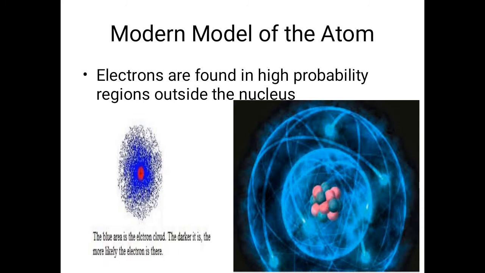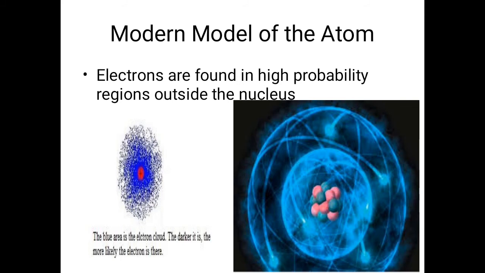The next model is the modern model of atom, which tells us that electrons are found in high probability regions outside the nucleus. The last four models are telling us that the electrons are somewhere outside in the outer space, like the positive charge is present in the center of the atom and the negatively charged electron particles are moving outside the nucleus.